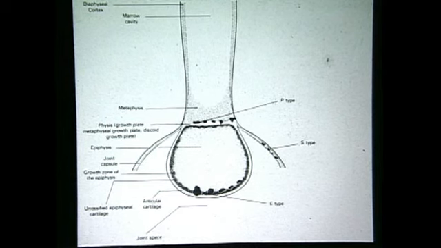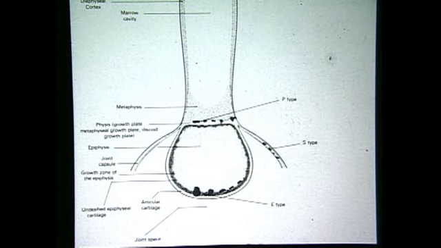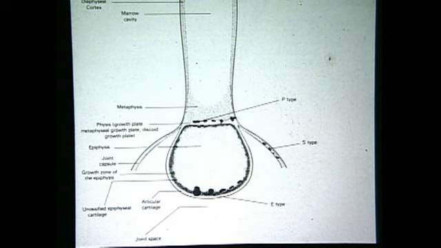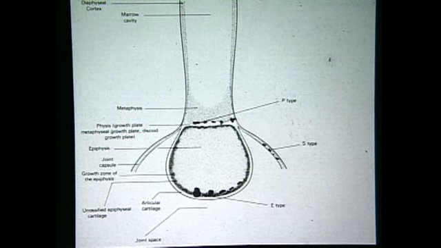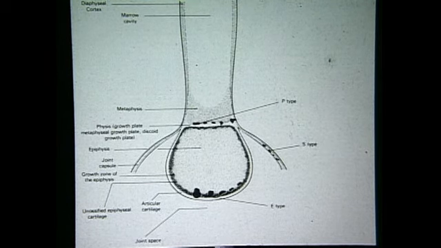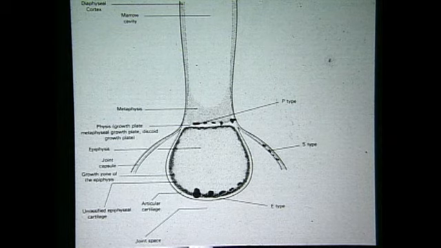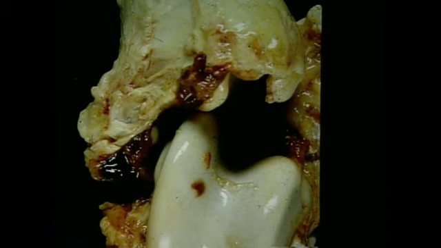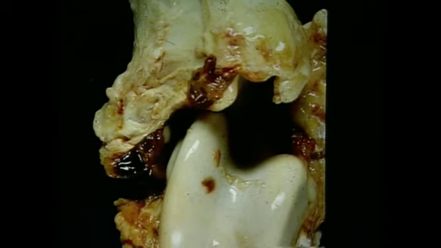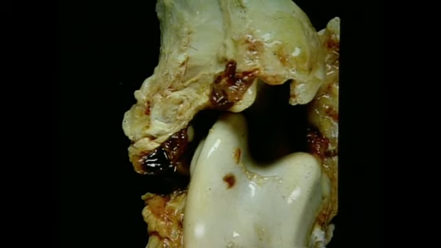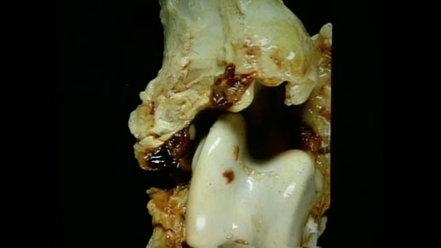And I'll show you an example of each of these 3 types, depending on the involvement of the various structures, and this also has an impact on the severity of the clinical signs and the prognosis for such an animal. The first and the less severe type is the S-type, associated strictly and only with the synovium, and that's where the S-type is derived from, standing for synovial type.